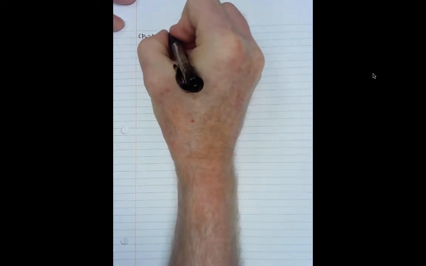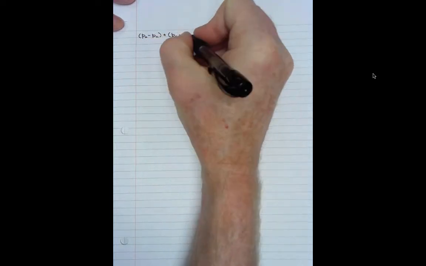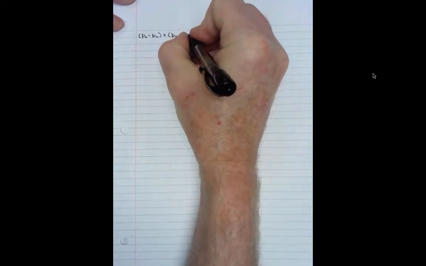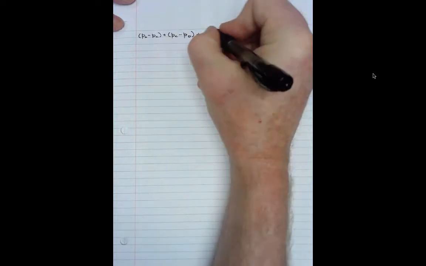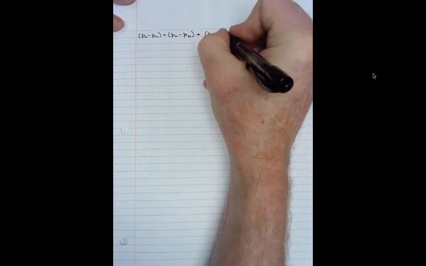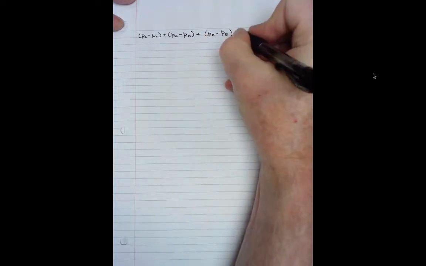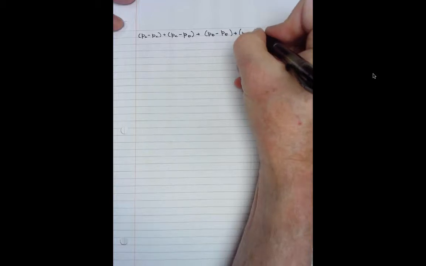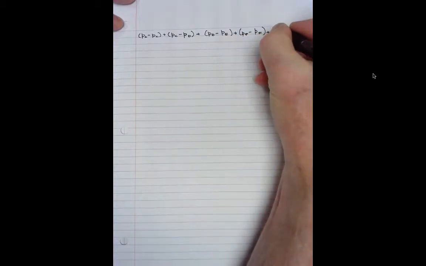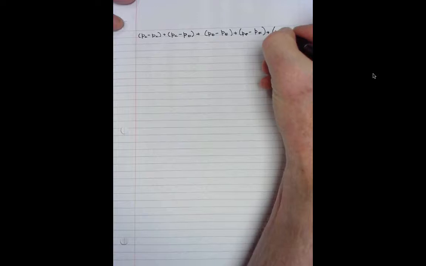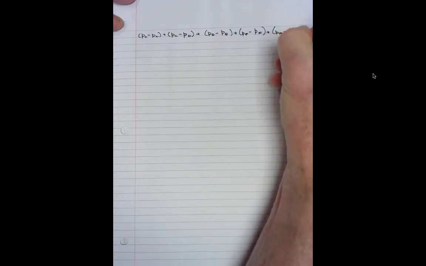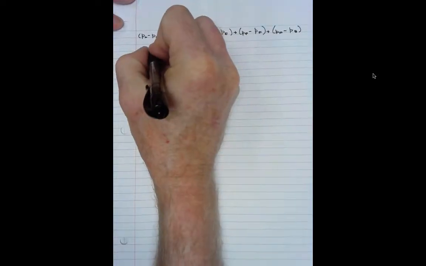So if I do that, I have the following: PA minus PC plus PC minus PD plus PD minus PE plus PE minus PF plus PF minus PB equals, well, let's see what we can cancel.